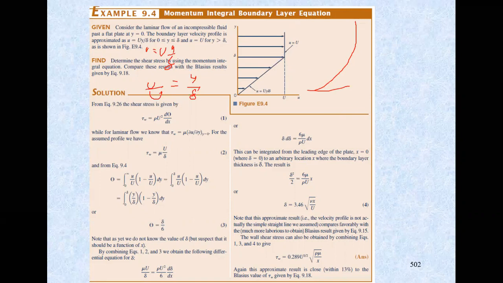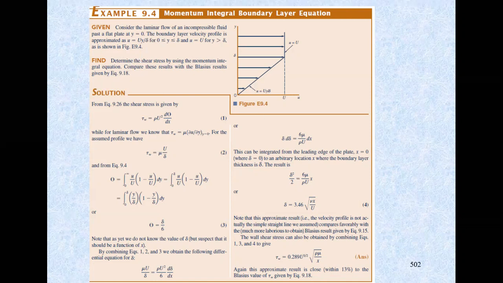Is it a reasonable approach? They may have this for very viscous fluids, for example. So let's say you have that velocity profile. If you have this kind of linear velocity profile, what will be your shear stress?